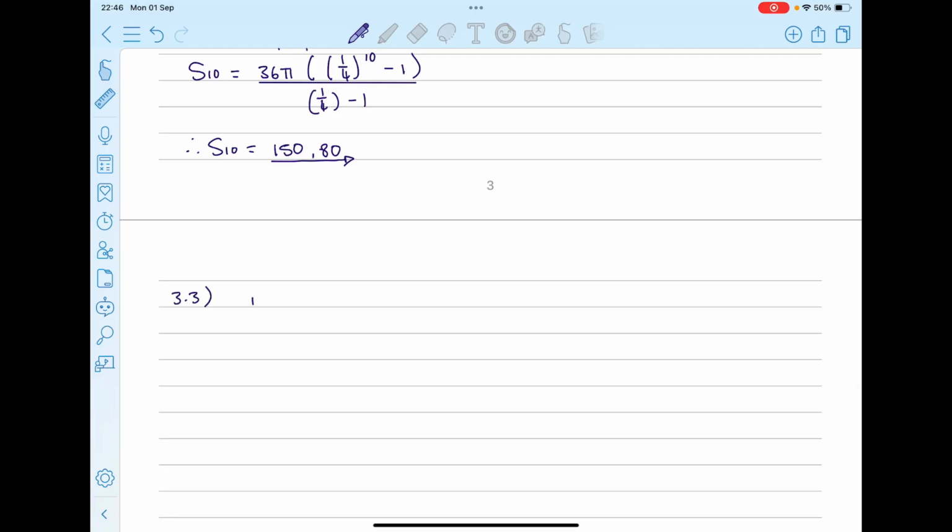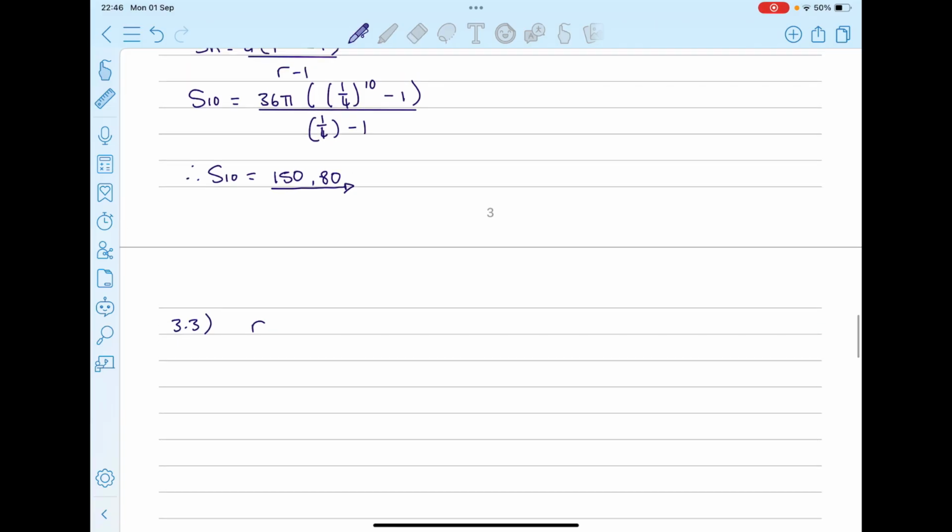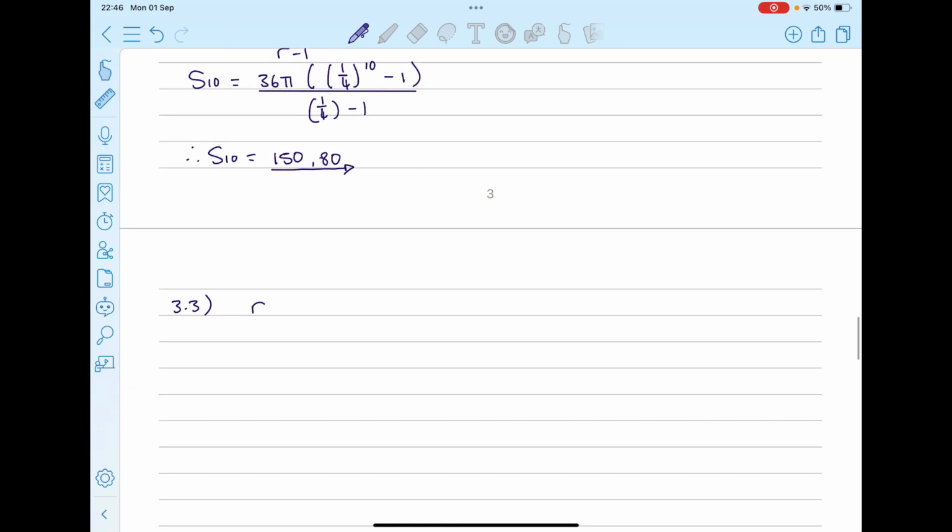So the radius, let me write radius so that we don't confuse it with r. Radius will be equal to 3 over 128 divided by 2.